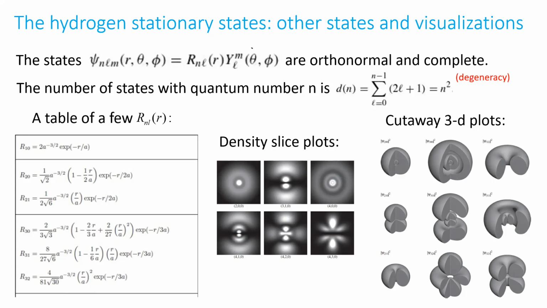Okay, so just to summarize as briefly as I can, because we've gone through a lot, we were looking for the allowed energies and the stationary states of the hydrogen atom. We know the angular part is the spherical harmonics.